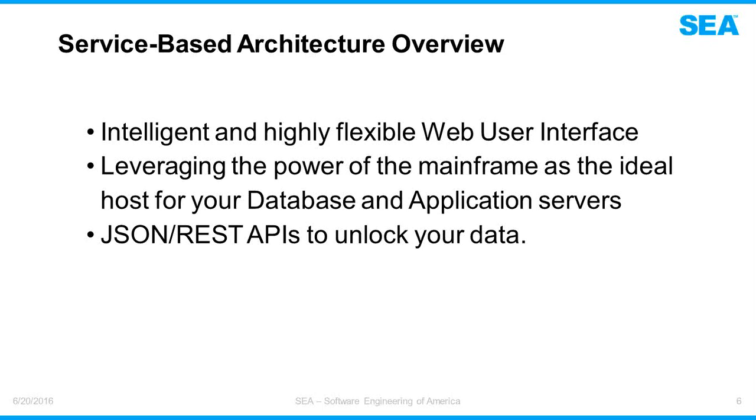We need to be able to use, as I mentioned, the mainframe for a data layer for the reasons of security and maintenance and control. And we need to have the open capability that JSON RESTful APIs provide to unlock their data and ensure that you're able to get to that data in ways that are new and ways that the current challenges demand.